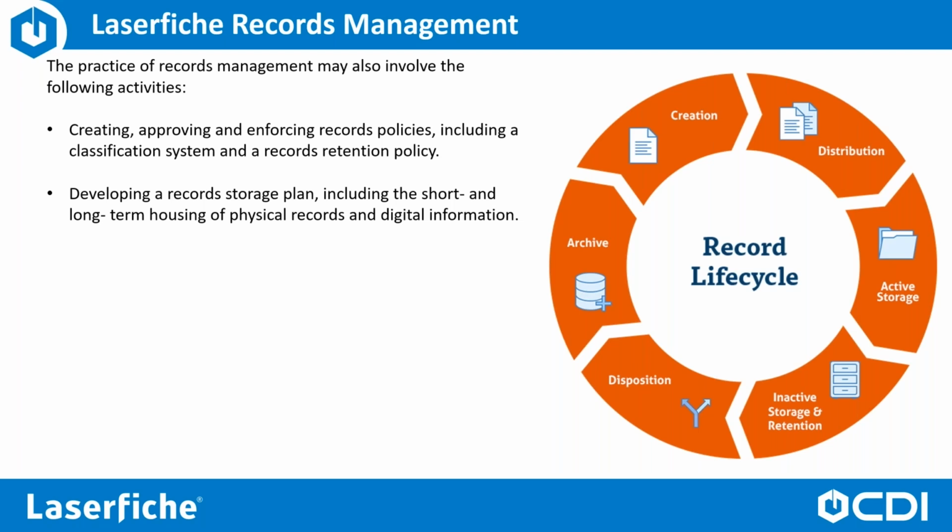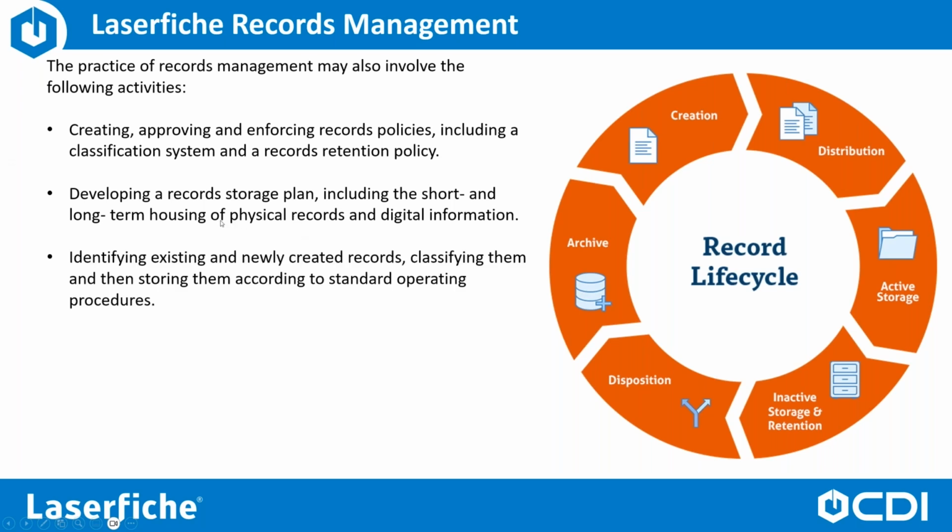But you may also have items in more active storage, where the storage is faster. That's another thing to think about when you're developing your record storage plan, both the long and short term housing of physical records as well as digital information. Because records management can also deal with the physical items.